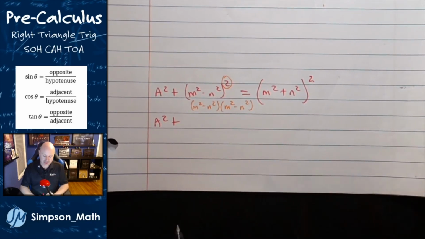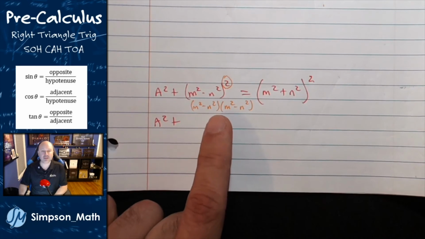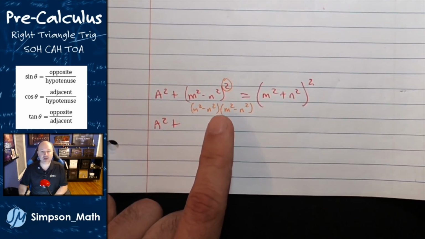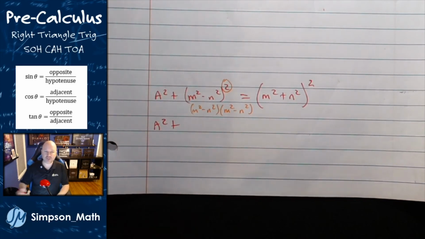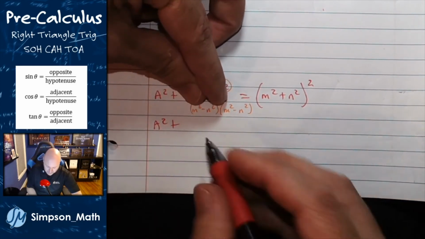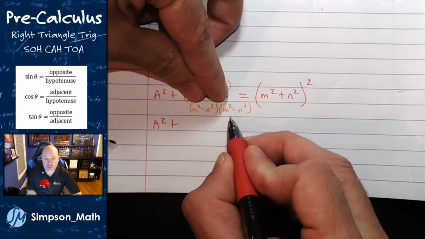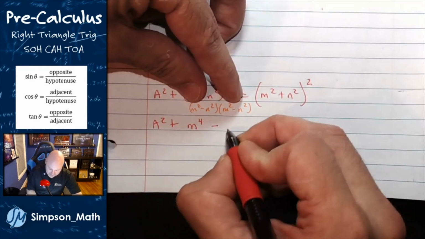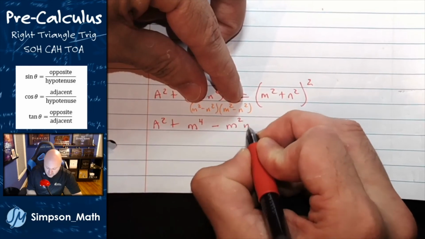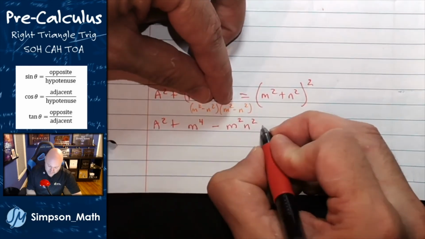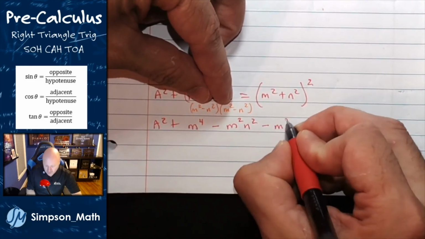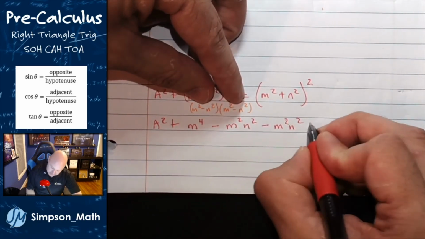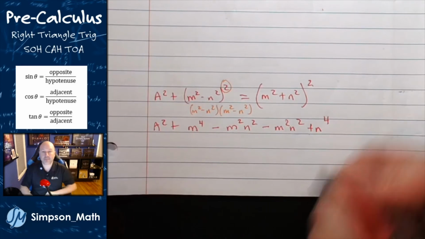And I can expand this out. You may want to call that FOIL. It's just massive distribution. So m squared times m squared is m to the 4th. Then I'm going to have a minus m squared n squared, minus m squared n squared, plus n to the 4th.